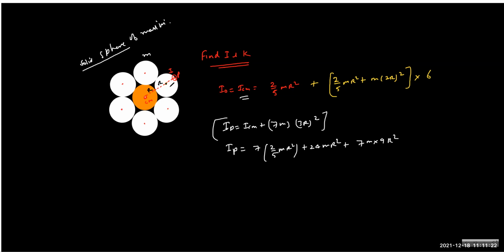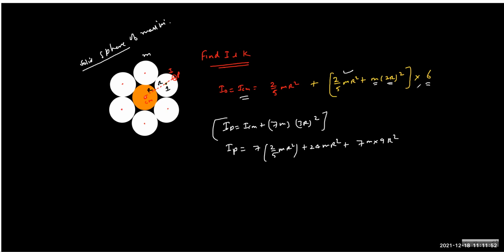So for any other sphere, like this sphere, how to write the answer about the center of mass? The sphere answer is this much, plus m into the distance of the sphere from the center of mass, which is 2r. And this is same for all the 6 spheres surrounding it, right? So we got ICM, and what we are looking for is IP.